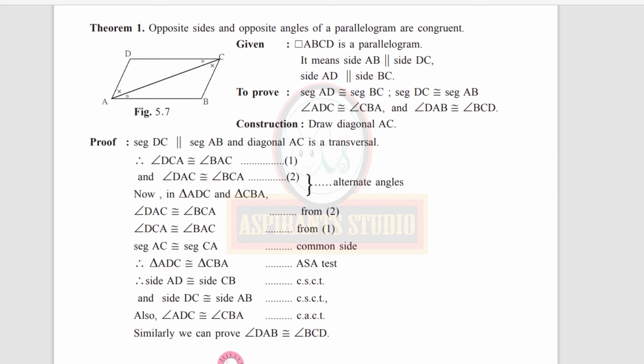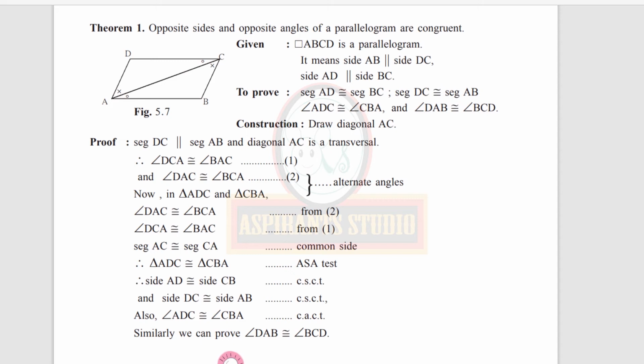It is an included side between the angles, angle BCA and angle BAC. Hence, by ASA test, these two triangles are congruent. Triangle ADC is congruent to triangle CBA by ASA test.